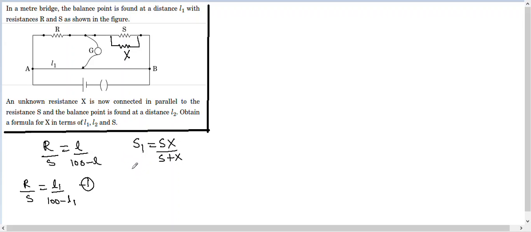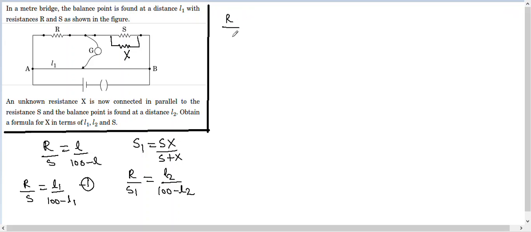And the balance point is now obtained at the length L2. That means R upon S1 is equal to L2 upon 100 minus L2. So let's just put in the value of this S1 into this equation.